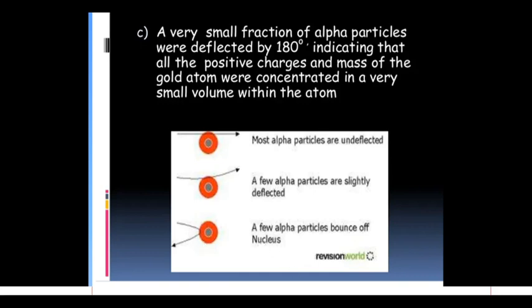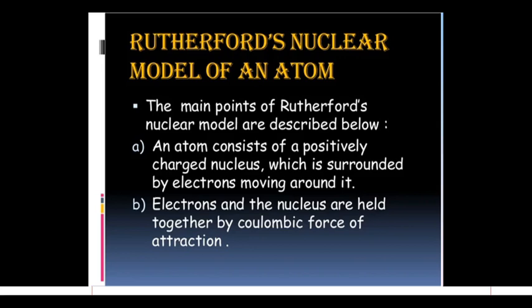From this analysis, Rutherford proposed the nuclear model of the atom, in which he described an atom as consisting of a positively charged nucleus which is surrounded by electrons moving around it.